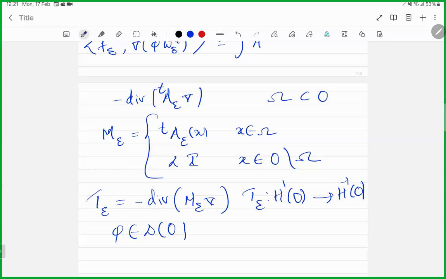What do you do for the Neumann condition, for instance? You cannot; it's not an isomorphism. Yes, O bar you can take.